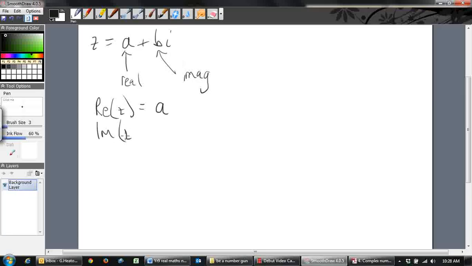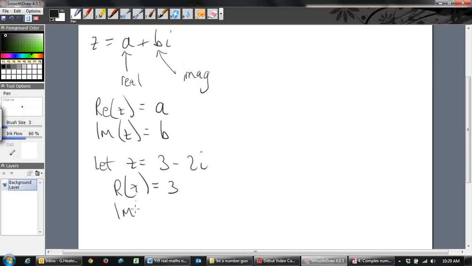The imaginary part of z is b. It's just a number. It's not bi, it's just b. b is the imaginary part of z. An example of that is: let z be equal to 3 minus 2i. What's the real part of z?